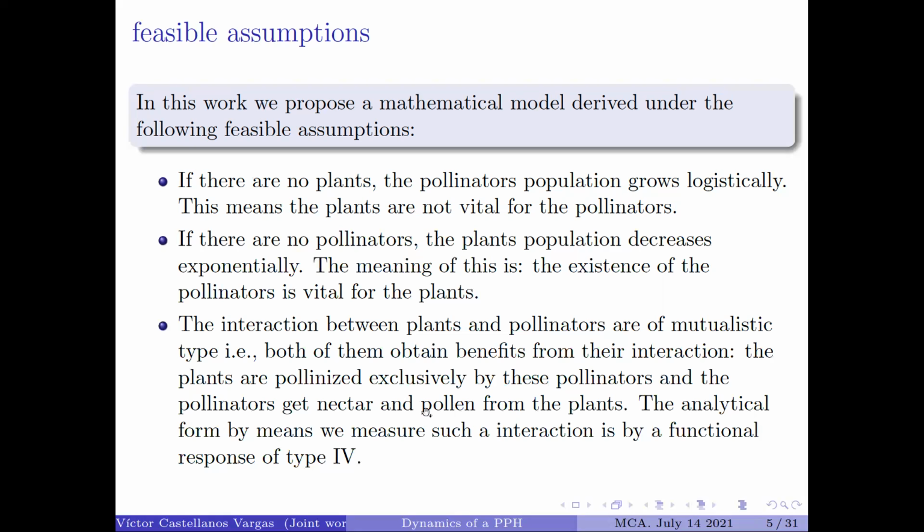The interaction between plants and pollinators is of mutualistic type. This means both of them obtain benefits from the interaction. The plants are pollinated exclusively by this pollinator, and the pollinator gets nectar and pollen from the plants. The analytical form by which we measure such an interaction is a functional response of type 4.